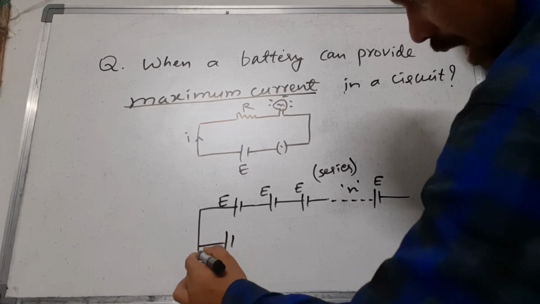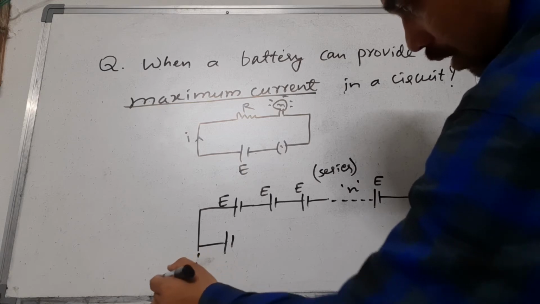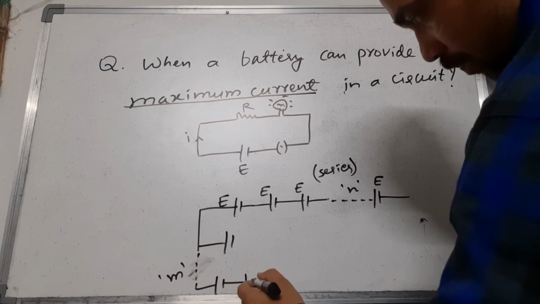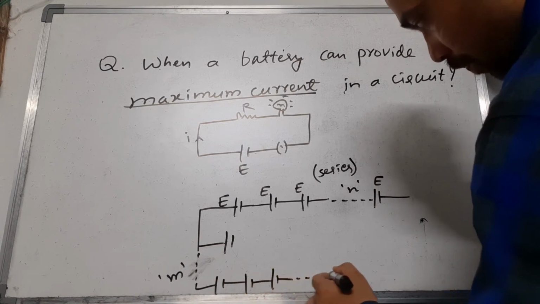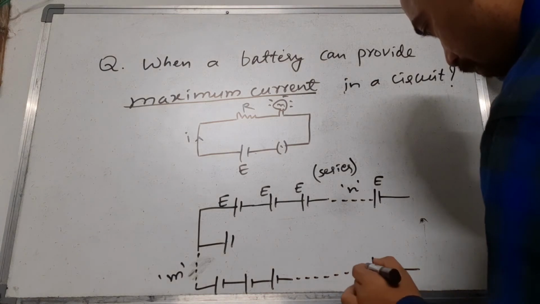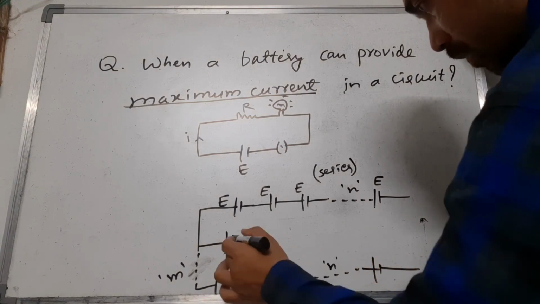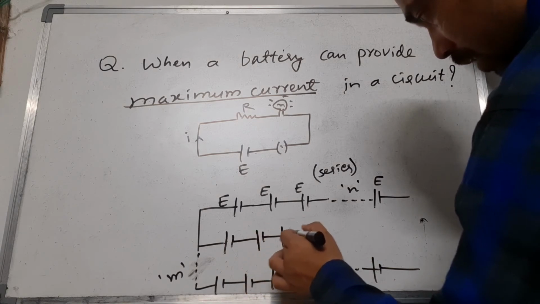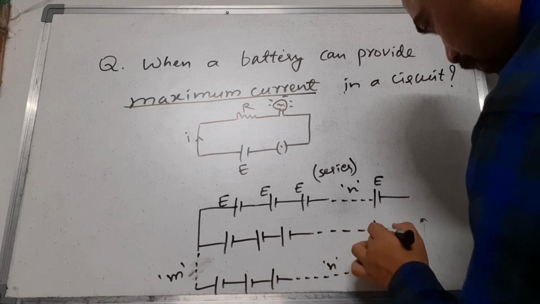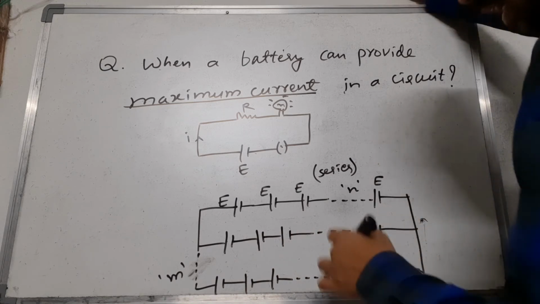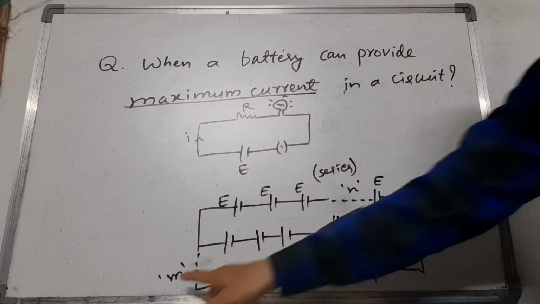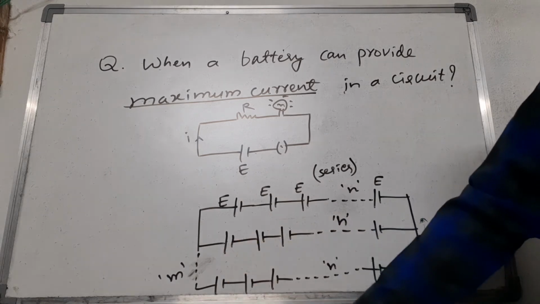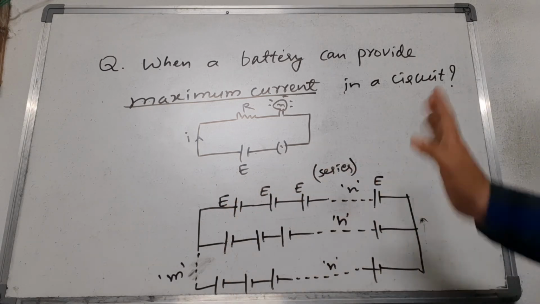Like these batteries we are taking m rows. So n number of batteries, m times we are connecting like this. Okay, the rows are 1, 2, 3, and so on, m times, and in series n batteries we are connecting.